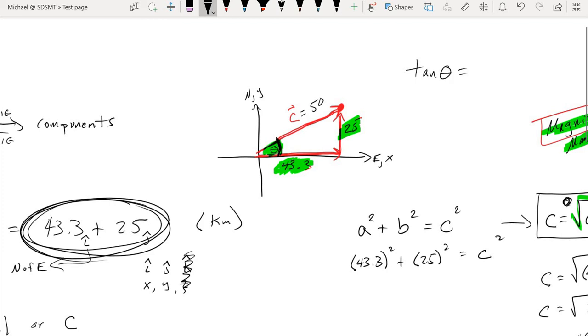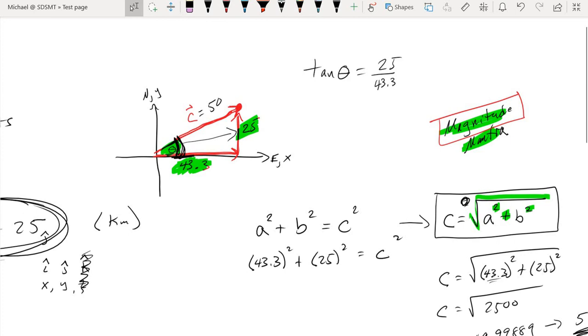Tangent is opposite over adjacent. Remember, your theta defines the legs of your triangle. Opposite leg, opposite of our angle, that's the 25. Adjacent leg, adjacent to our angle, is the 43.3.